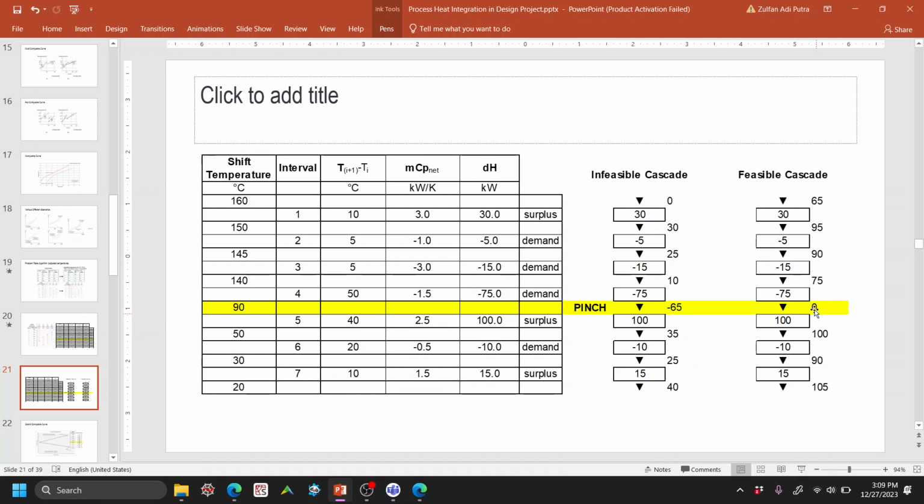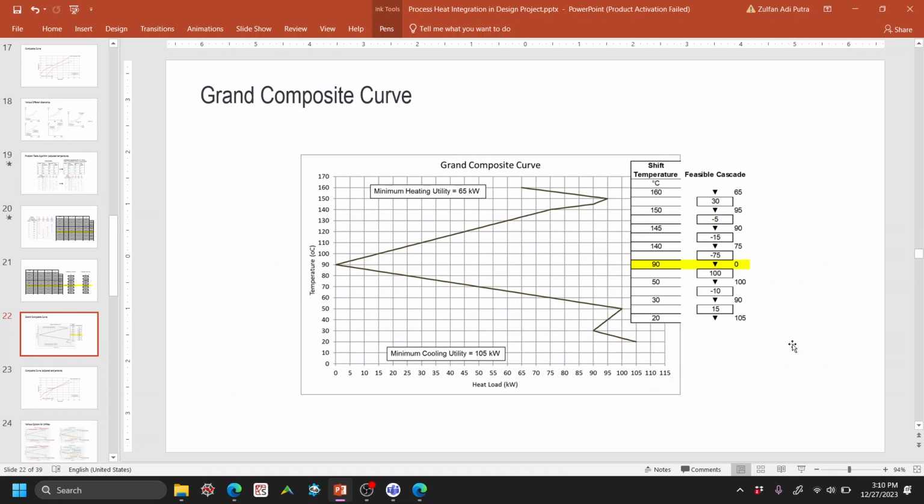And then you can see that at the shifted temperature of 90 degrees C, which is the pinch point, you get a cumulative enthalpy of 0. So this is your pinch point. If you plot this heat against temperature, 160 with 65, 150 with 95, you will get what we call the grand composite curve, like this one.